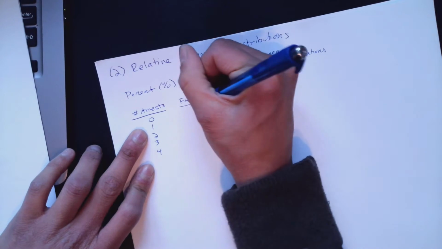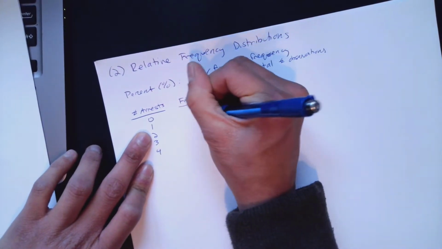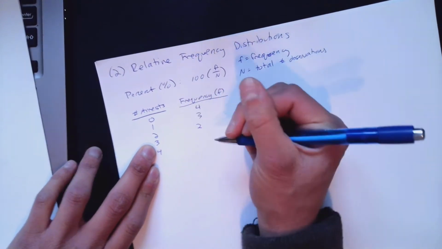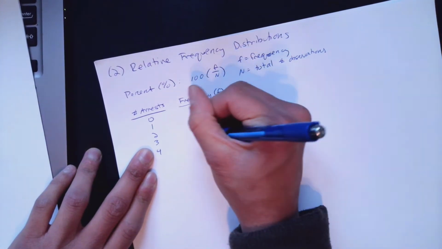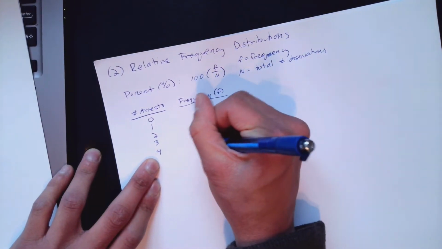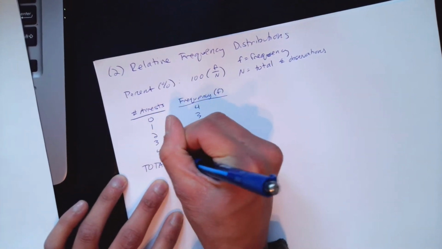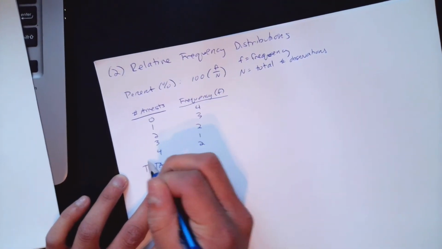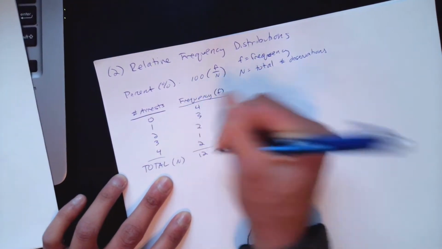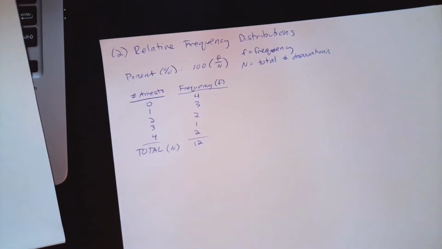There are 4 people with 0 arrests, 3 people with 1 arrest, 2 people with 2 arrests, 1 person with 3 arrests, and 2 people with 4 arrests. So our total, or n, was equal to 12. So 12 people in the sample total. Again, this is the same frequency distribution that I had written out on the last slide.